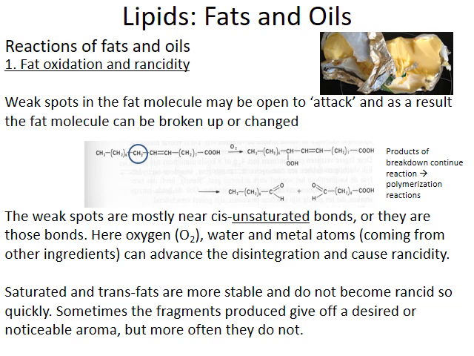This fat oxidation mostly occurs at cis unsaturated fatty acids. So saturated fatty acids and trans fatty acids don't have that problem that much. They also are susceptible to oxidation, but less fast.